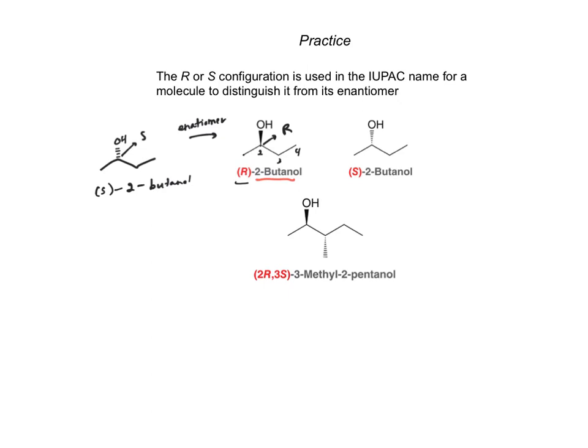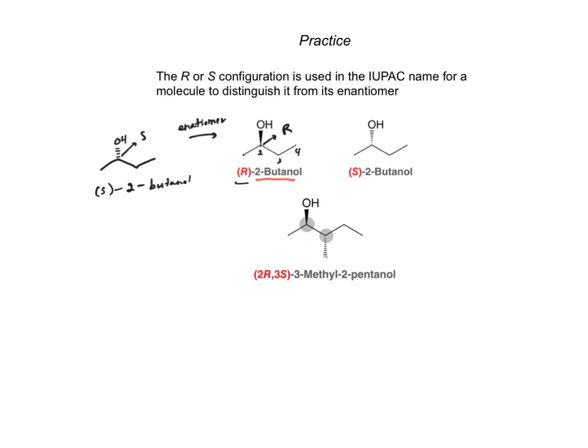Now, if you're dealing with molecules that have 2 chirality centers in them, so for example, if we were dealing with this guy down here, we have 2 separate chirality centers. To denote that, we again put them in italics and parentheses, but to give the configuration for each different center, we're also going to put it with its locant, right?